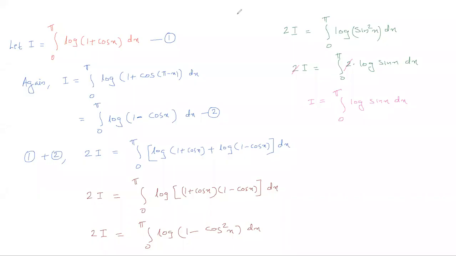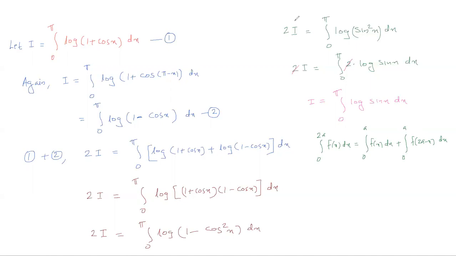Now there is one property that we have studied. Integral 0 to 2a f of x dx. Actually it is a main property. It is written as integral 0 to a f of x dx plus integral 0 to a f of 2a minus x dx. This was a main property.